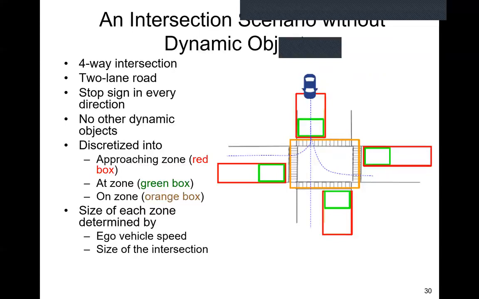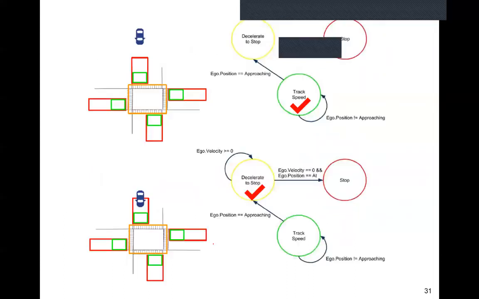You discretize the intersection into approaching zone, the red box, at zone, the green box, and on zone, the orange box. The size of each zone is determined by vehicle speed and size of the intersection. Based on this discretization, you can design the finite state machine trigger conditions.